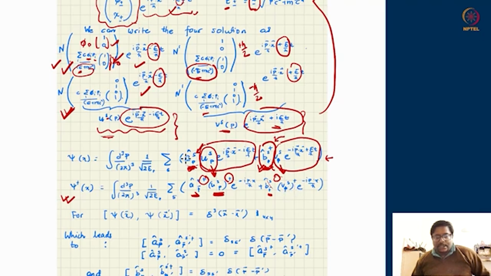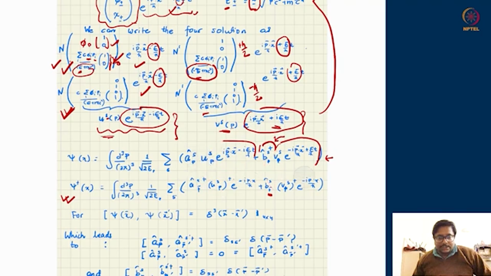So I have a more robust or more mathematically rich structure for the Dirac field, because in addition to the oscillator operators, I have mode functions which are also vectors, row vectors or column vectors, depending upon whether you are talking about psi or psi dagger.